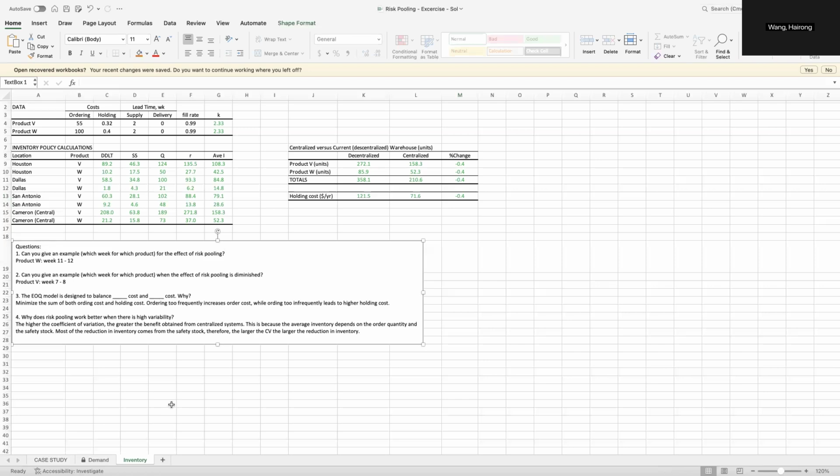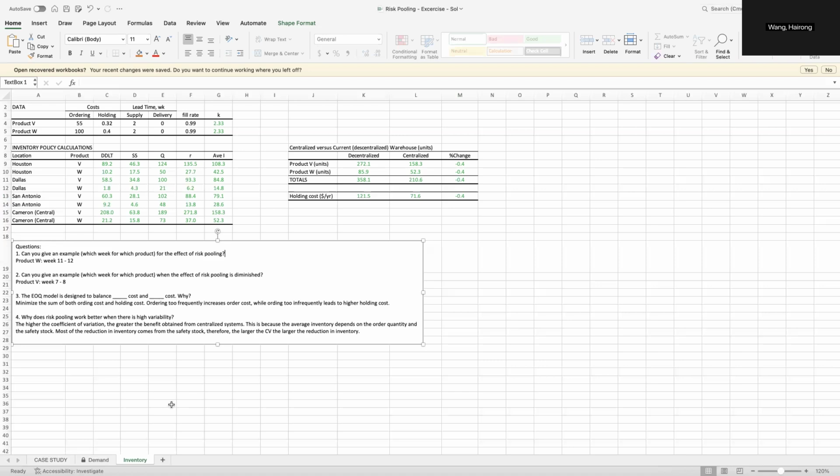So the effect of risk pooling means that building a centralized warehouse is better compared with not having one, in terms of demand variability.